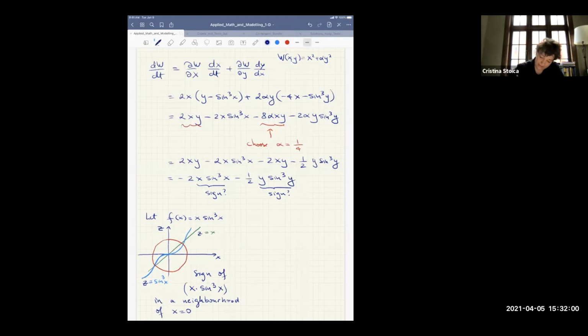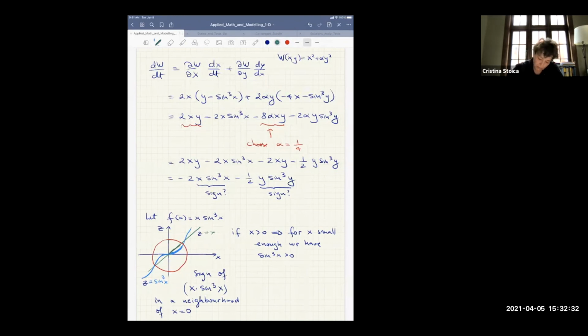And now we think like this. If x is positive, then for x small enough, as we can see in the picture, we have sine cubed of x positive, right? I mean, it's these guys here, so this is the part that I'm talking about. It could be even further, but I'm not interested to go far. And this part here, right? So they're both positive.